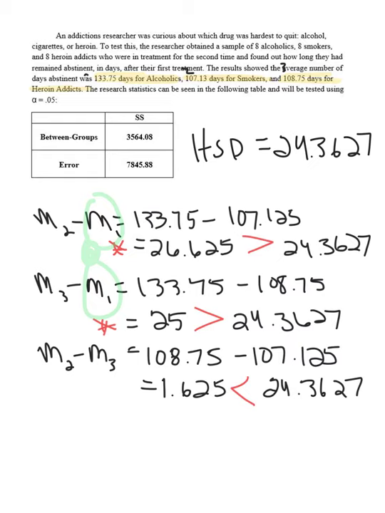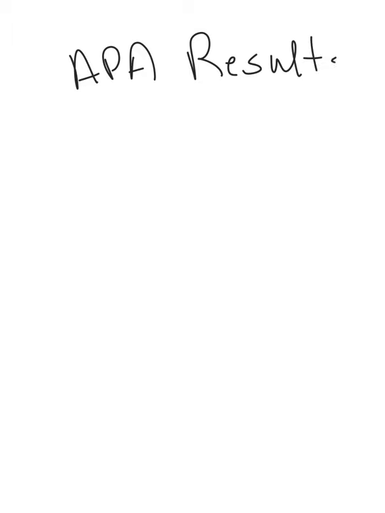With that being said, we've made a separate page here so that we can write our APA results. There's actually two results here. You have your overall result, and then you have your post hoc test. Now, if this test was not significant, we would have never done post hoc tests. The only reason we did post hoc tests is because the overall test was significant.